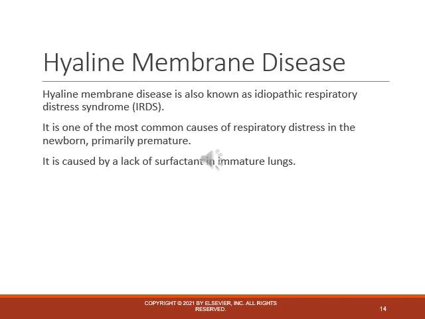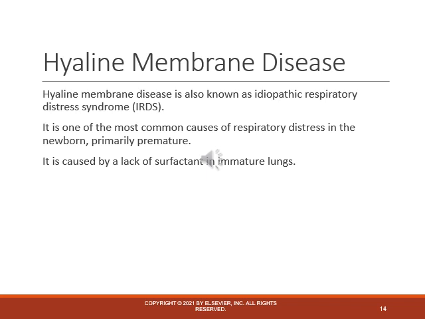With hyaline membrane disease or IRDS, that surfactant is not as mature, and so it can cause that tension between those two layers to be less effective and can cause respiratory distress.